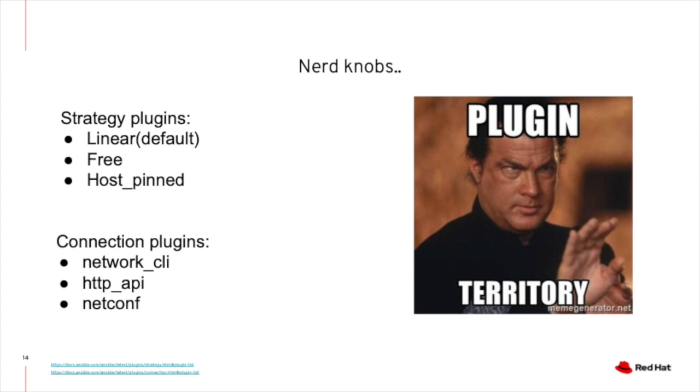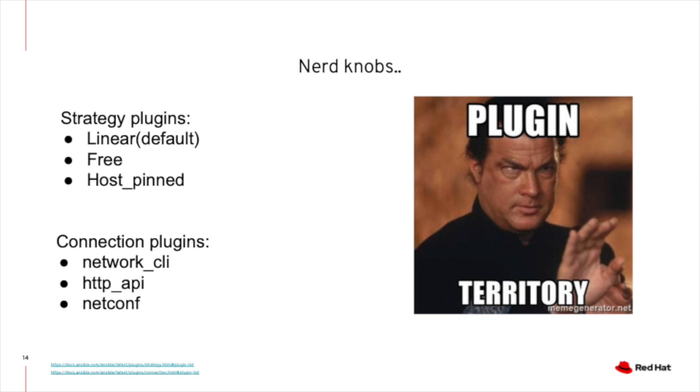The host pinned strategy completes all the tasks for host 1, then does all the tasks for host 2, and so on. Again, this depends on how many forks you've set for that particular strategy. By default, Ansible spins up 5 forks, so it's going to do 5 hosts at a time.